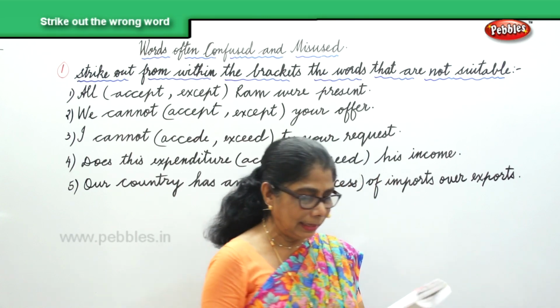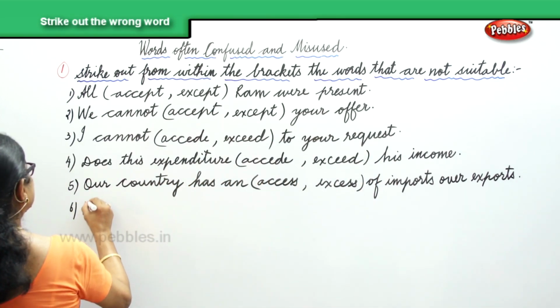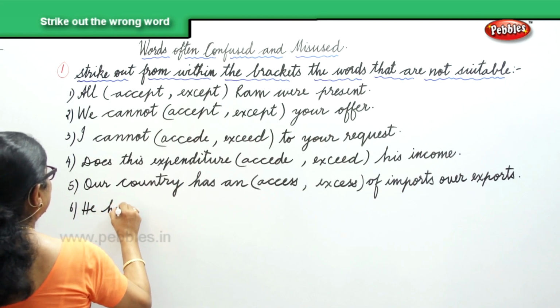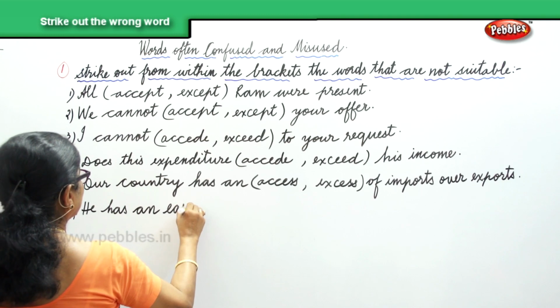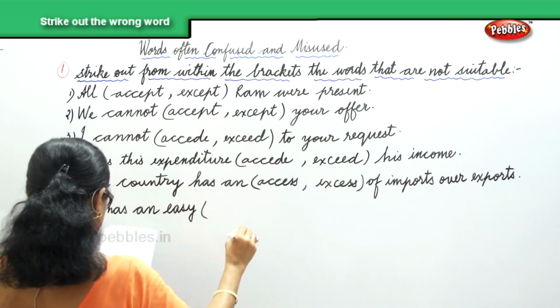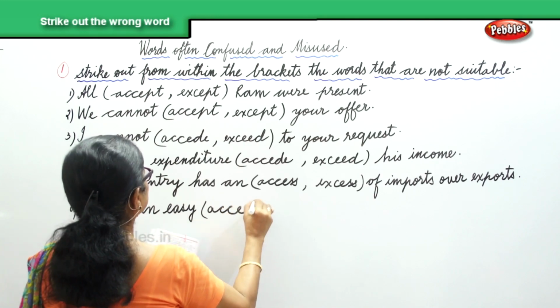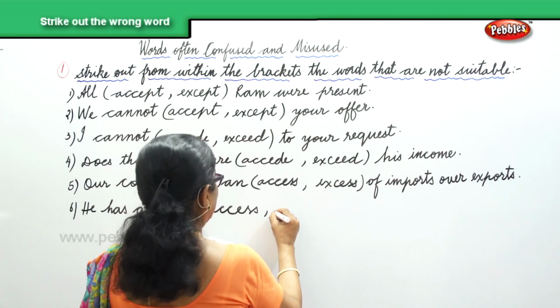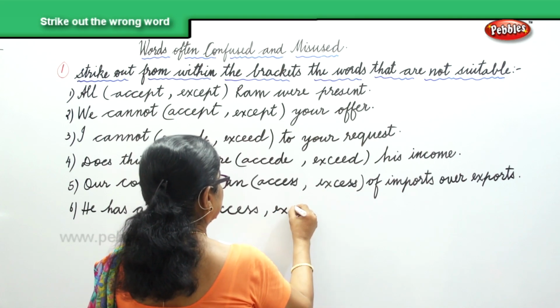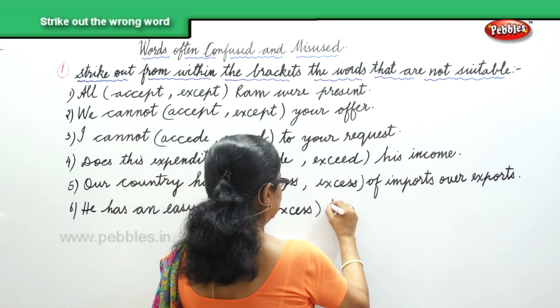Another sentence. He has an easy access to the governor.